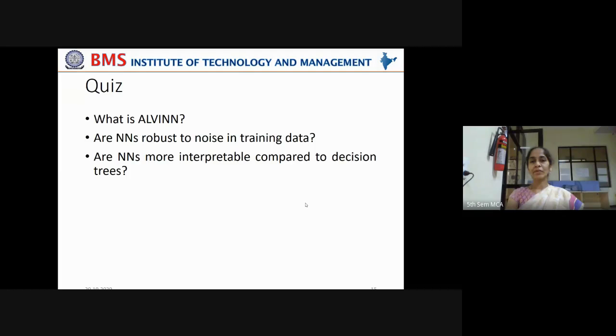Now, are neural networks more interpretable compared to decision trees? Answer. Speak out something, yes or no. Based on your answer, I'll give you further explanation. Are neural networks more interpretable, more understandable compared to decision trees? Tell me.